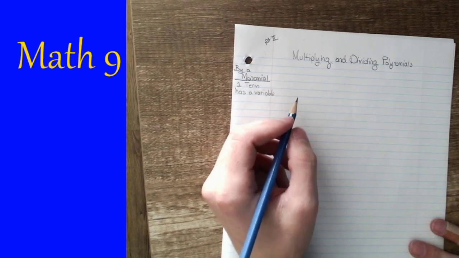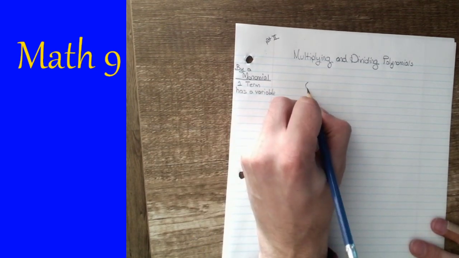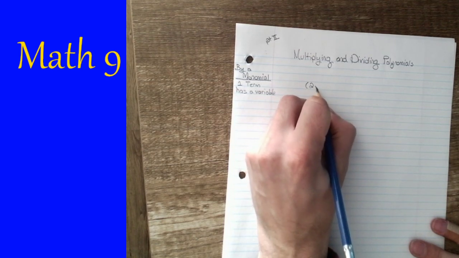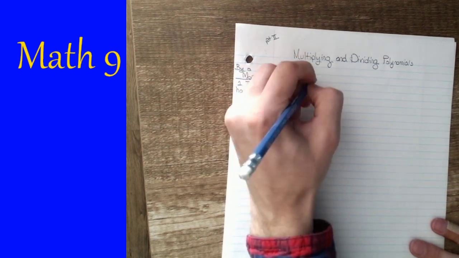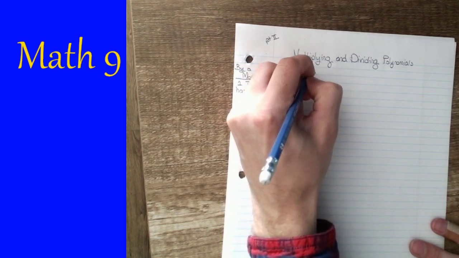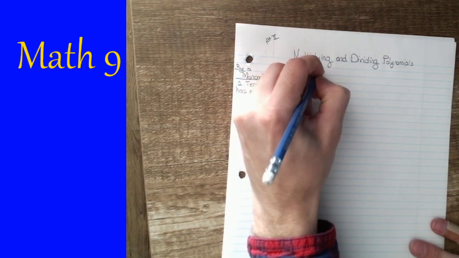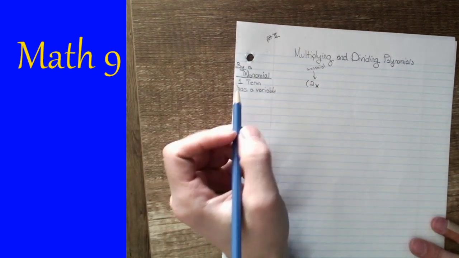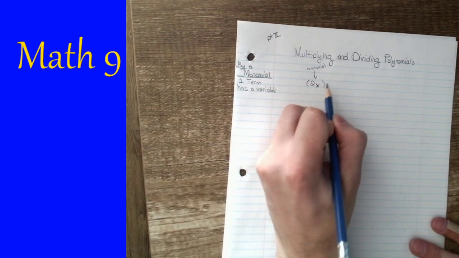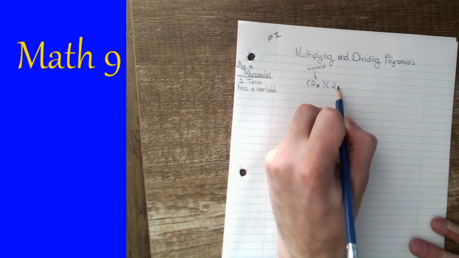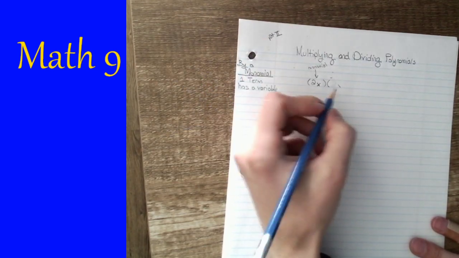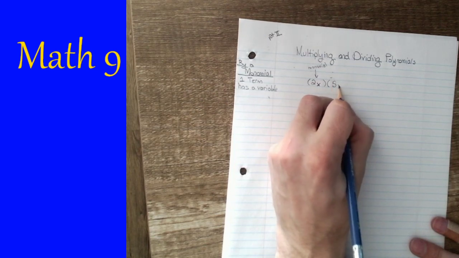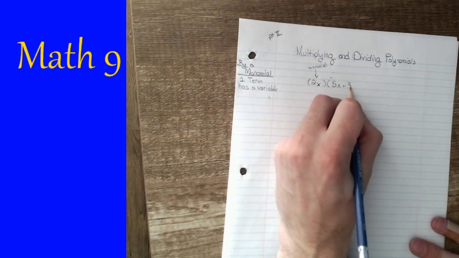We're going to do 2x, and that's going to be our monomial. We're going to multiply 2x and 5x plus 3.